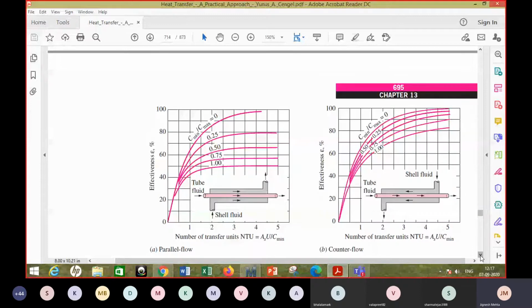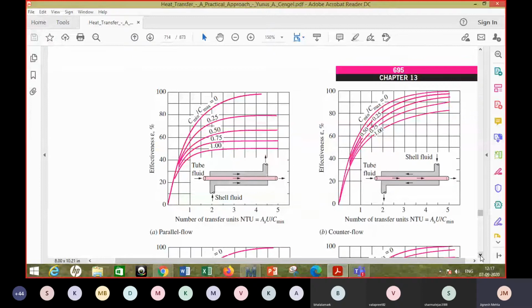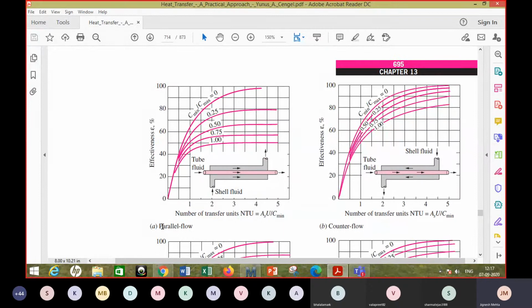So these formulas may be shown in terms of plots also. Here you can see this one, the left hand one A, is for the parallel flow, and here number of transfer units, NTU, is on the horizontal axis, and the effectiveness is on the vertical axis, right?